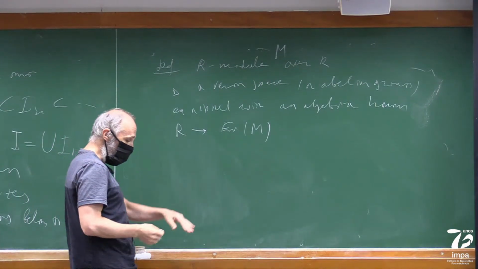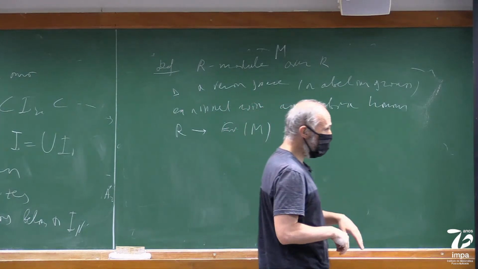This is just you can add vectors and you can multiply them by coefficients which belong to your ring.